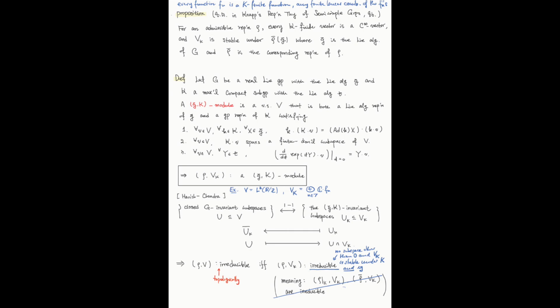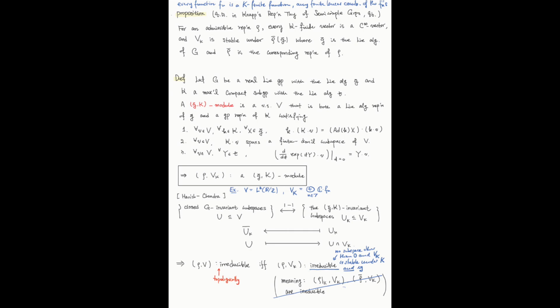Then by Harish-Chandra, there is a bijection between closed G-invariant subspaces U of V and the (g,K)-invariant subspaces U_K of V_K. The mapping is like this.